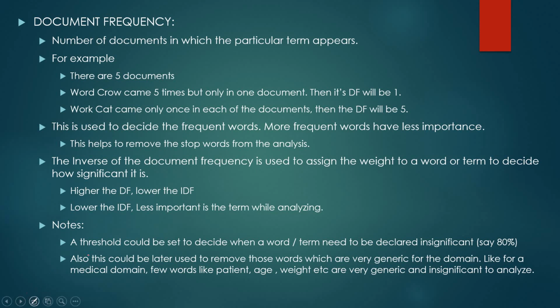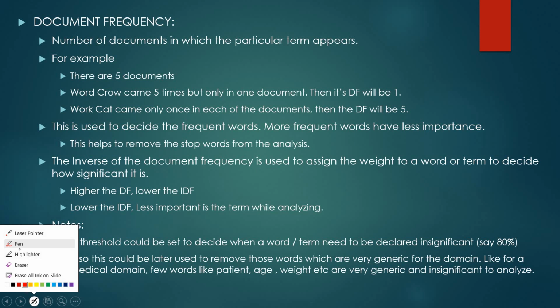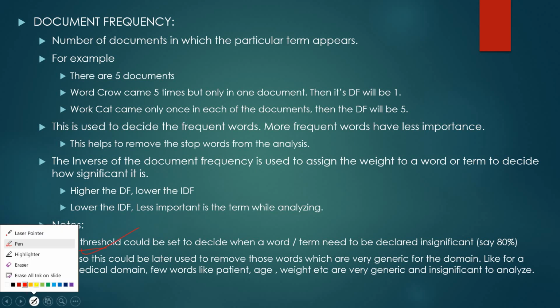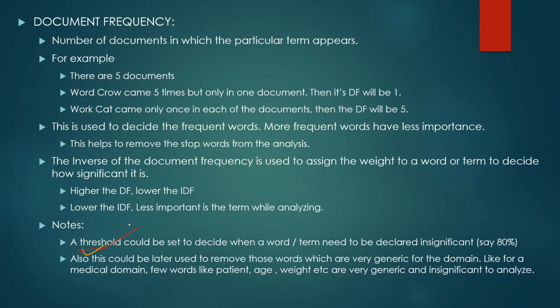So let me pick a pen. You can take a threshold value. Let me pick the color as well. So the threshold could be set to decide when a word or a term needs to be declared insignificant, right? Here we have taken the level as 80%.